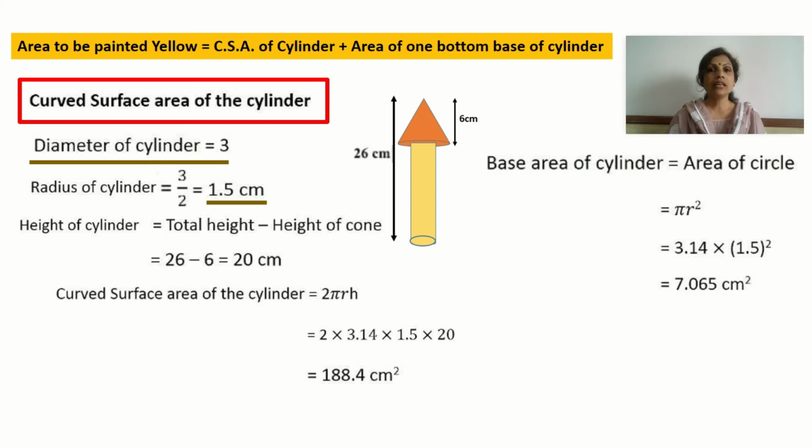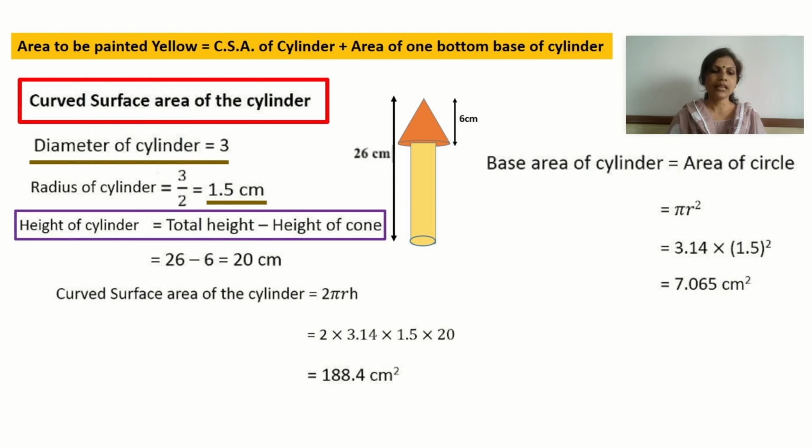We also need the height of the cylinder. Now see children, we are given the total height of the toy, that is 26. We are also given the height of the conical part, that is 6. So when you subtract this total height minus height of the cone, we will get height of the cylinder, and that is 26 minus 6, which is 20 centimeter.